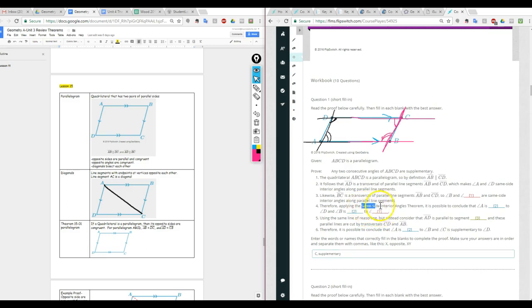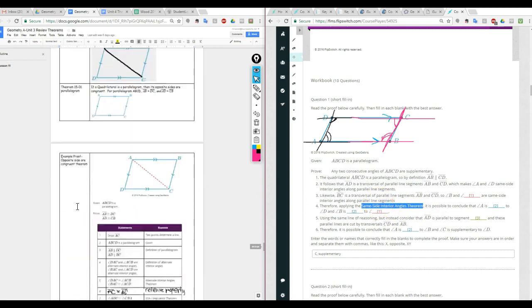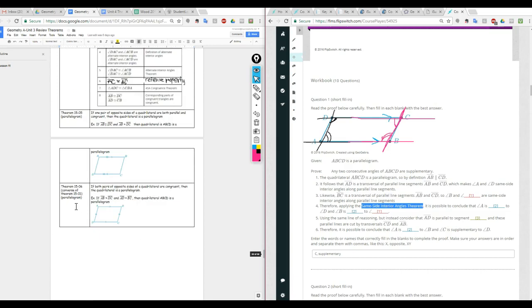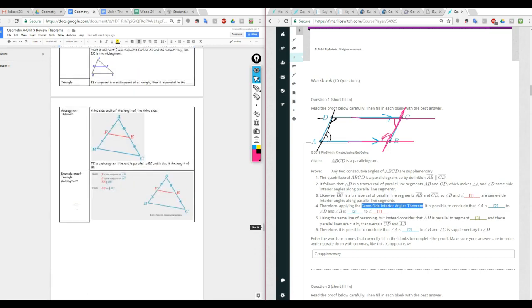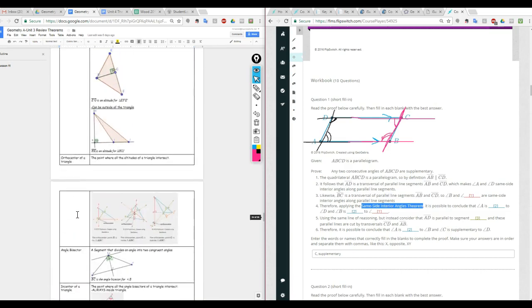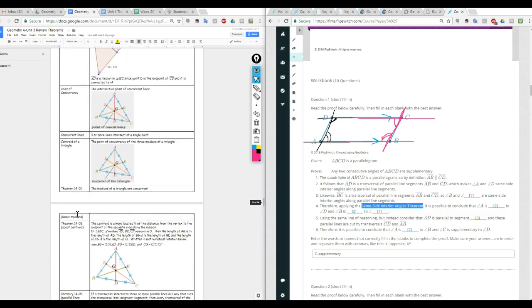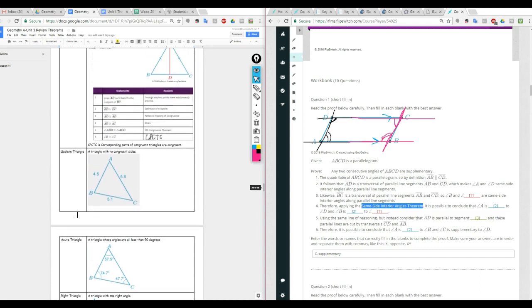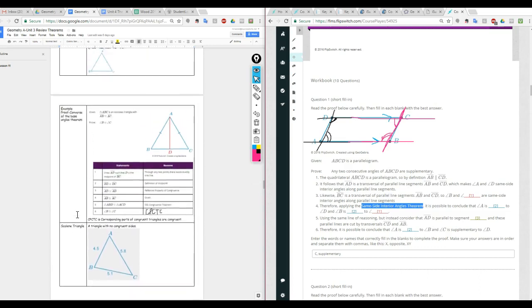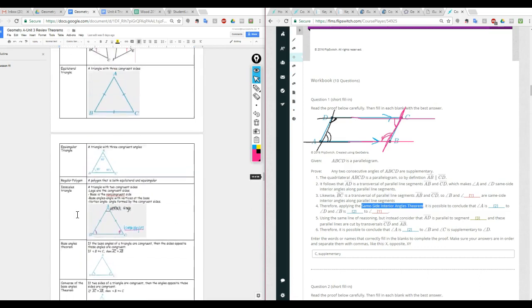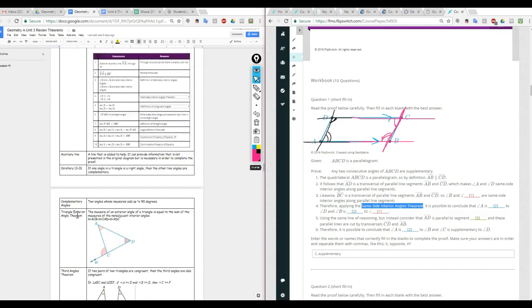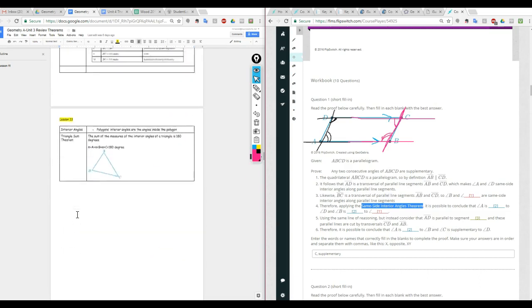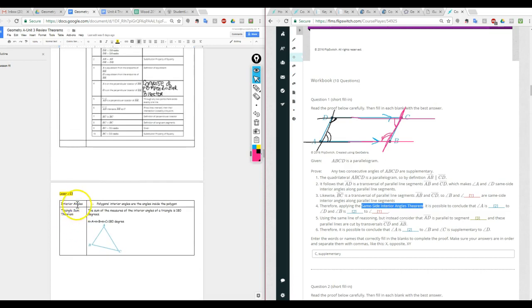The other thing we could check is the same side interior angles theorem. So I would be looking for same side interior angles in the left-hand column.